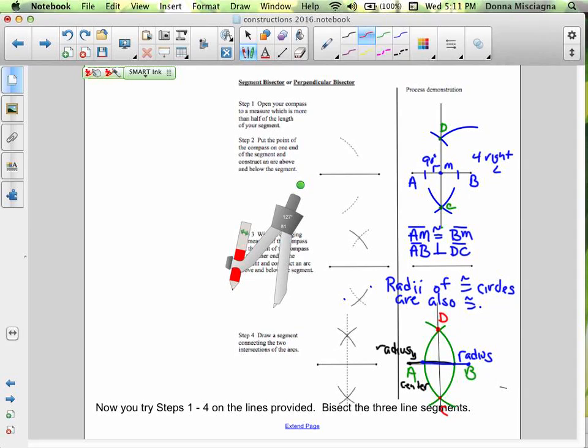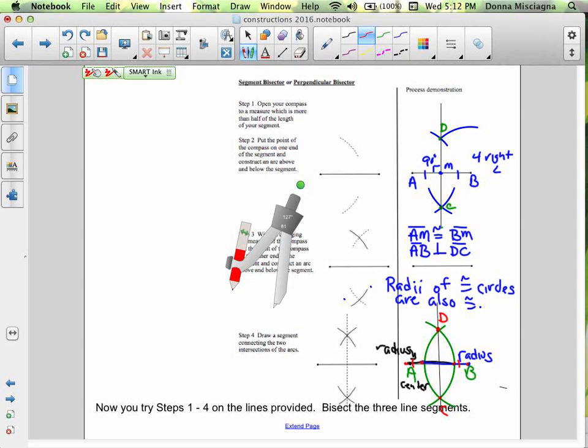So this little piece here is congruent to that little piece, because we used congruent circles, and those are radii of those congruent circles.